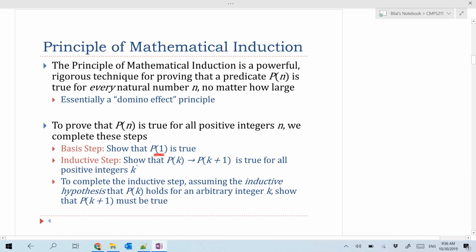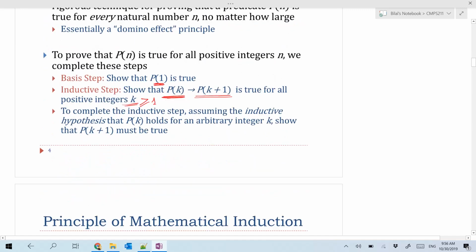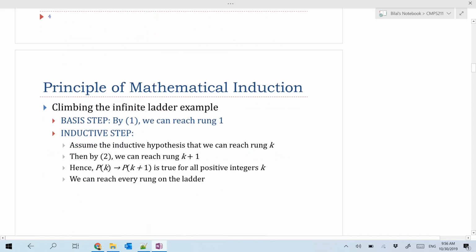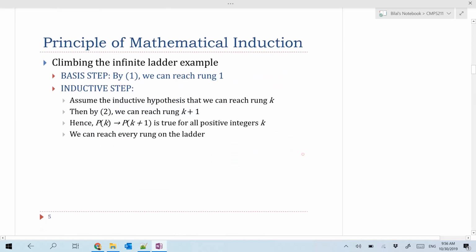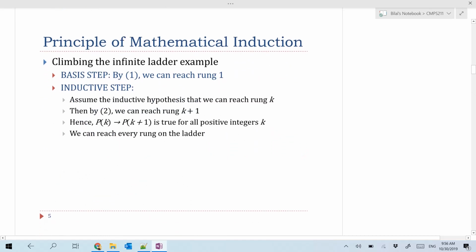The inductive step is to show that whenever we have P of k, then necessarily P of k plus 1 is true. And we prove it for every positive integer k that is greater than or equal to the base case here, 1. Okay. If we do so, then we will finally prove that for every n, the property holds.